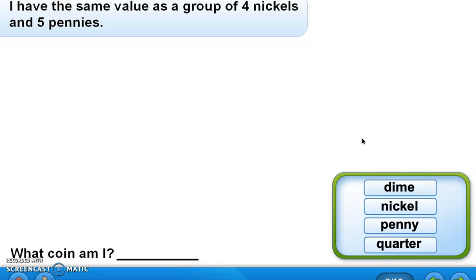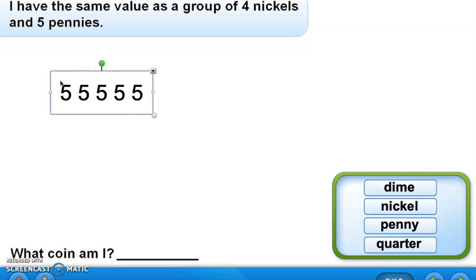I have the same value as a group of 4 nickels and 5 pennies. What coin am I? All right, so we have 4 nickels. So we're going to count by 5s. And actually, you know what? I'm going to do this. So 1, 2, 3, 4, 5. Pretend that those are nickels, right? And then we have some pennies. So we have 5 pennies. So then I'm going to go 1, 2, 3, 4, 5, okay?